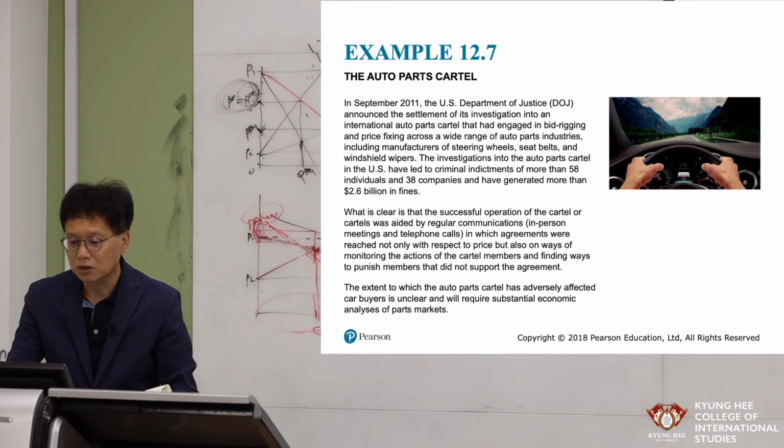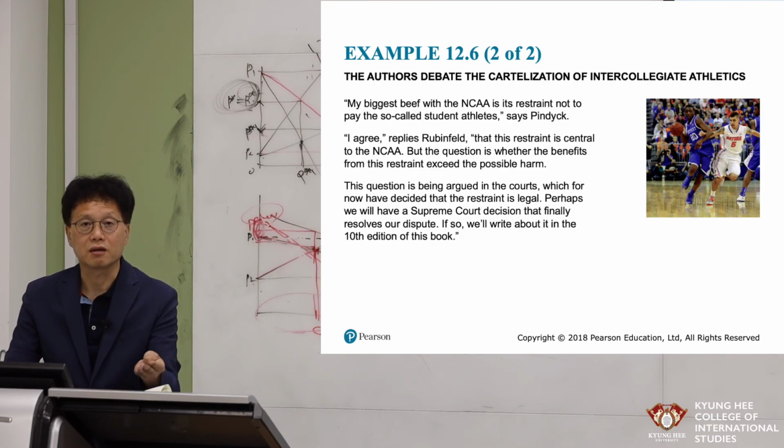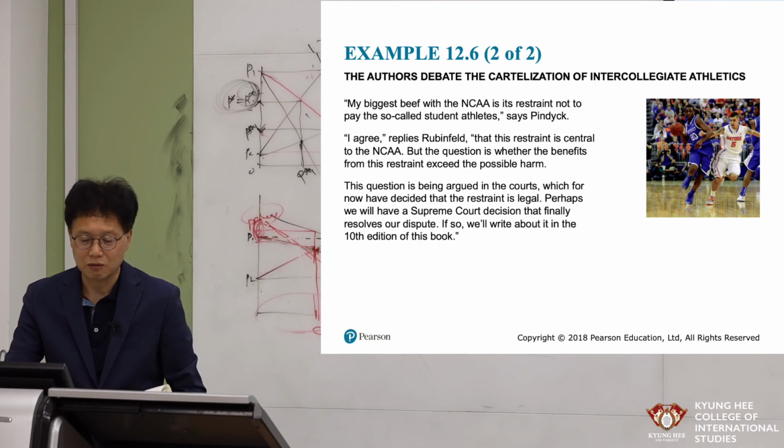These two examples in the United States explain that you have to consider the benefit from the cartel and the cost from the cartel. Usually the cost is greater than the benefit, so it should be punished by a fair trade commission. Okay, I'd like to stop chapter 12 here.